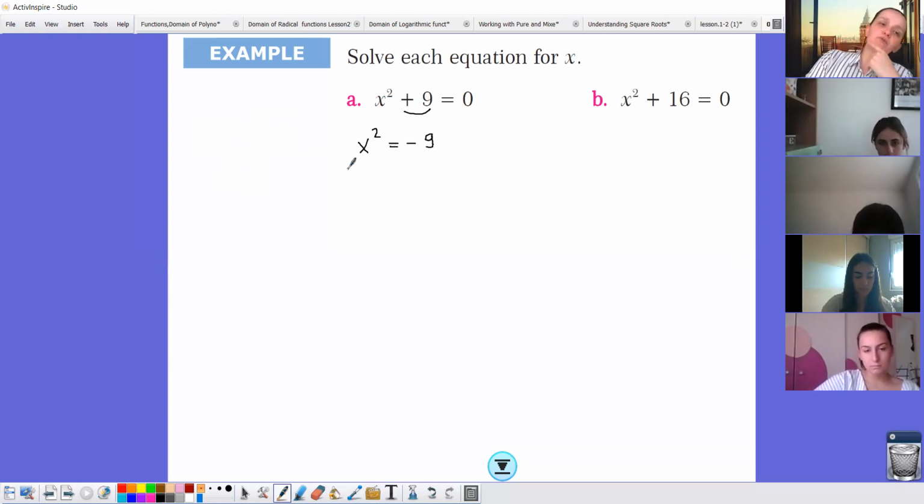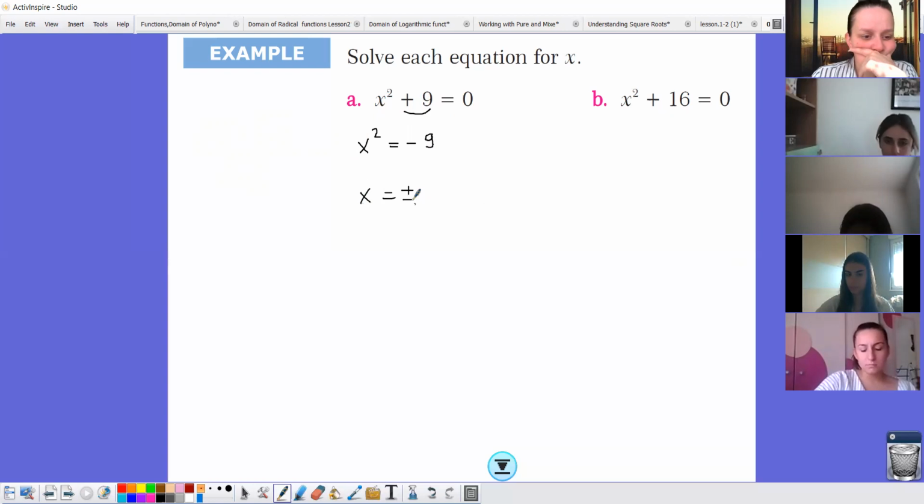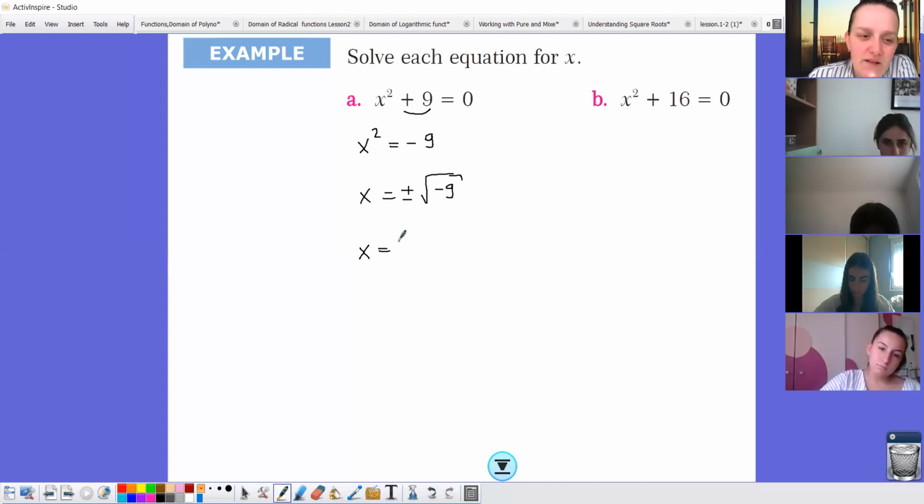Because we have x squared, what do I need to do to find only one x? We go x is equal to plus minus root of minus 9. Now how can we write the root of minus 9? i root of 9.